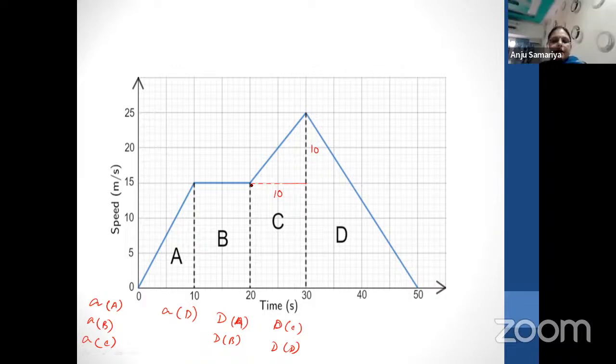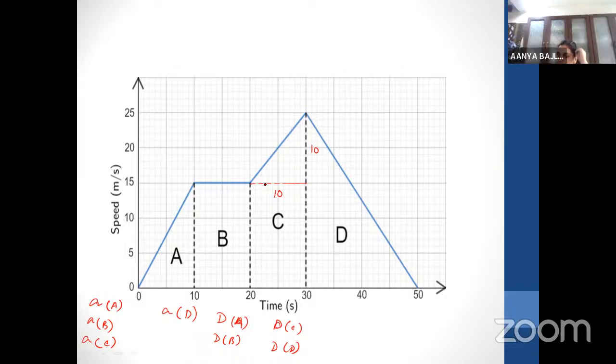30 minus 20 is 10. 15 upon 10 is 1.5, beta.